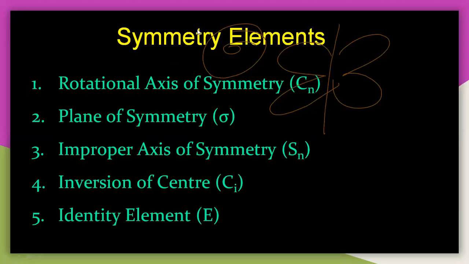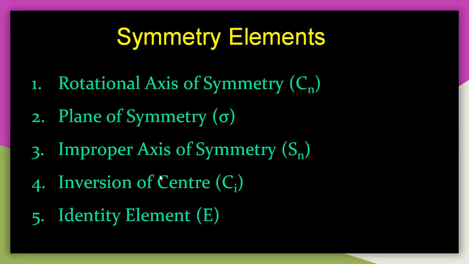Now let us see the other thing, that is the improper axis of symmetry. This is the rotational axis of symmetry, the next one is the plane of symmetry, and the other one is the improper axis of symmetry. This is Cn, sigma, and this is Sn.